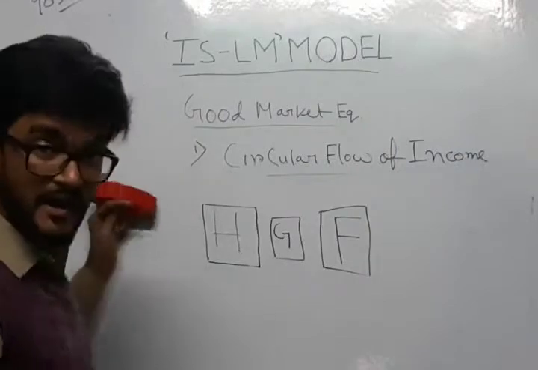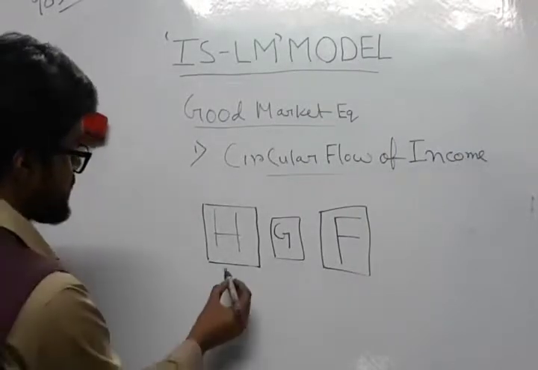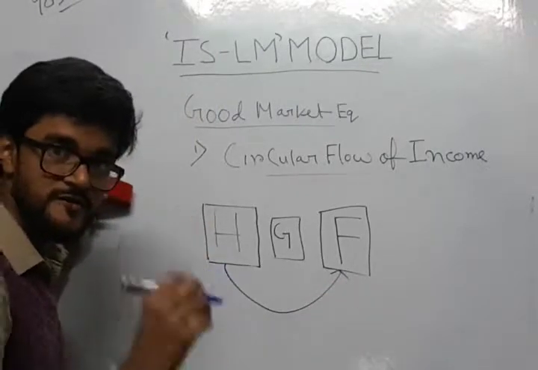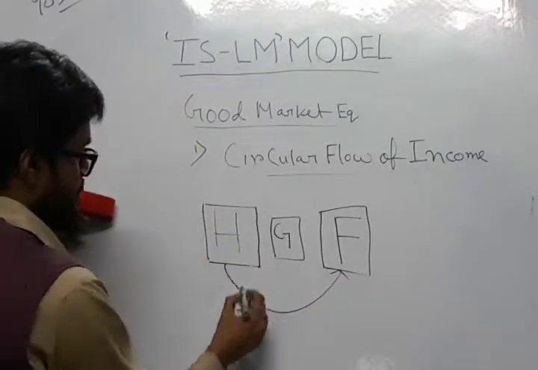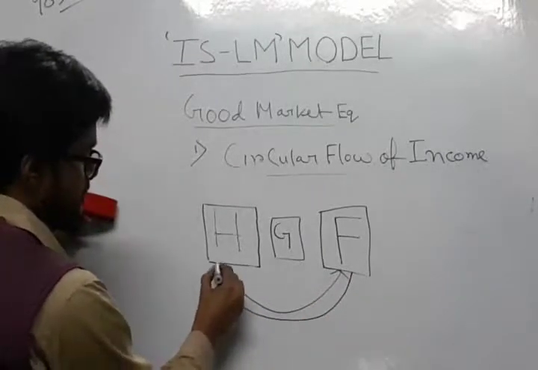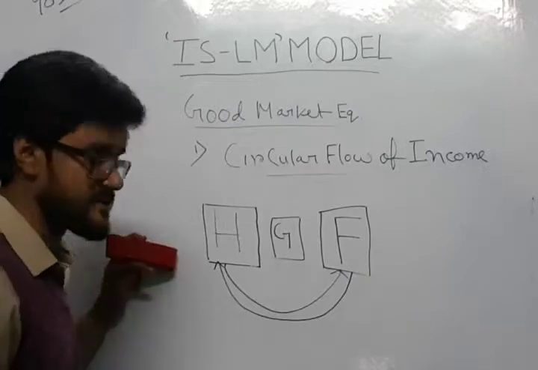Okay, now as I have already talked about this, the household buys goods and services, and the firm buys factor services.